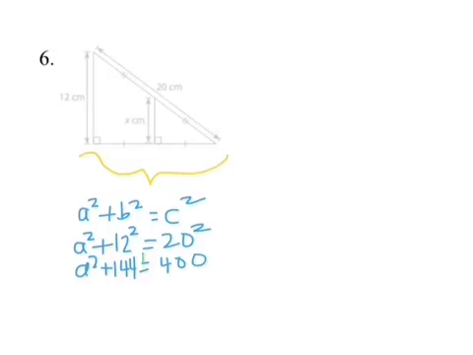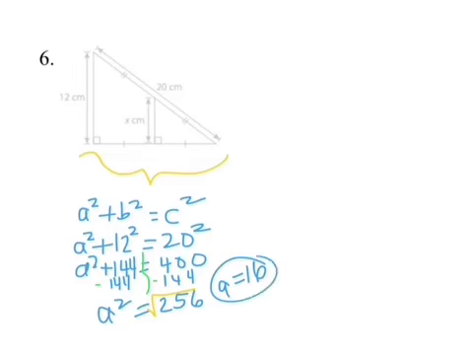This is now a one-step equation, so I will subtract 144 on both sides. That gives me a squared, which is 256. Then to get a, I take the square root of 256, so a is 16. So this value right here, the whole leg, is 16.